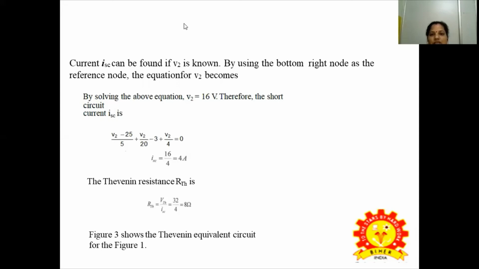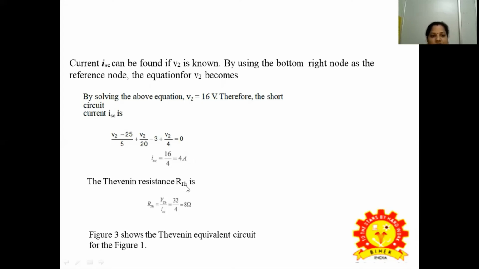Using the bottom right as the reference node, solving the equation gives V2 equal to 16 volts. Therefore, (V2 minus 25) divided by 5 plus V2 divided by 20 minus 3 plus V2 divided by 4 is equal to 0. Therefore, ISC equal to 16 divided by 4, which is equal to 4 amps.